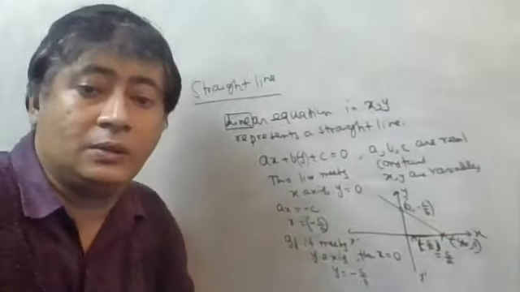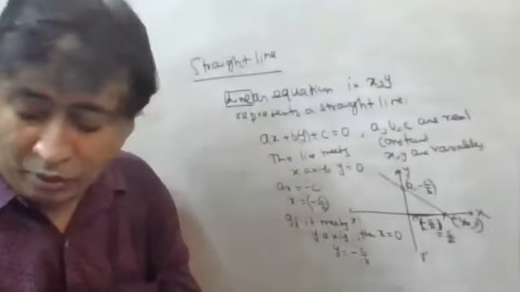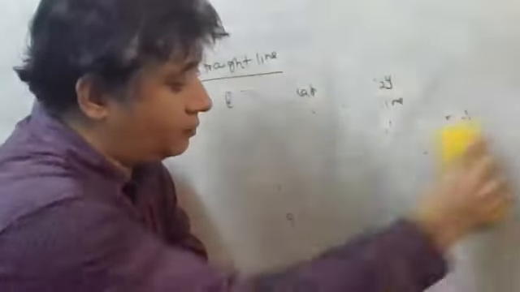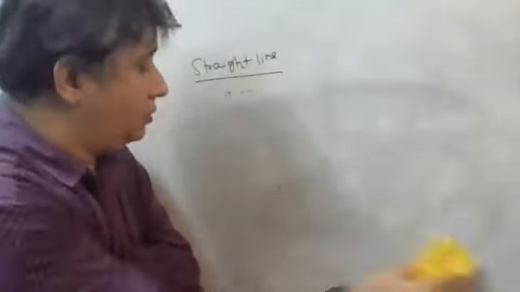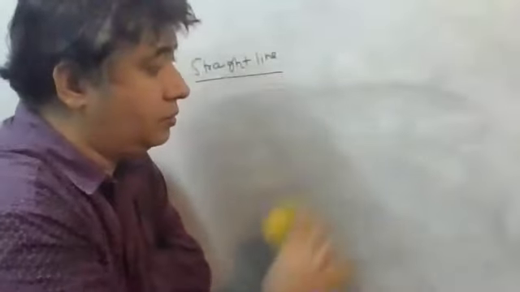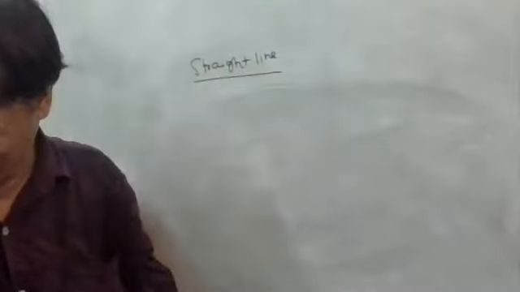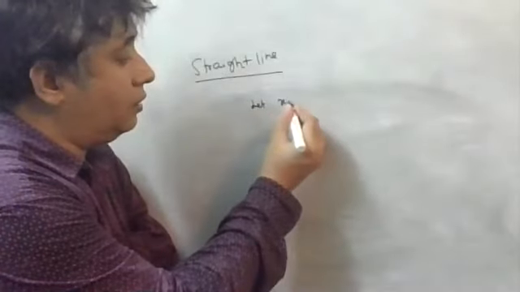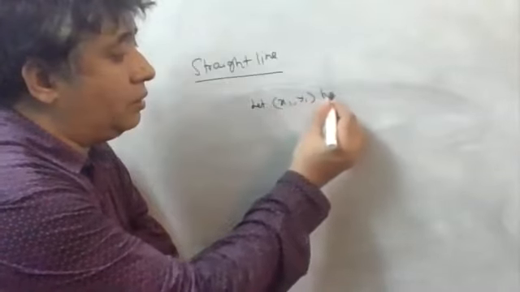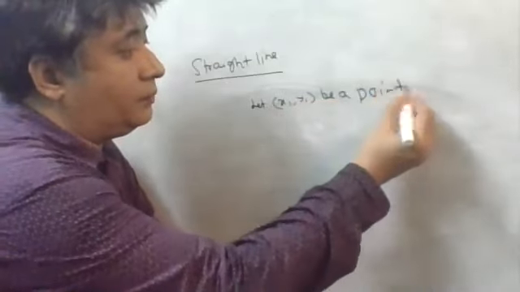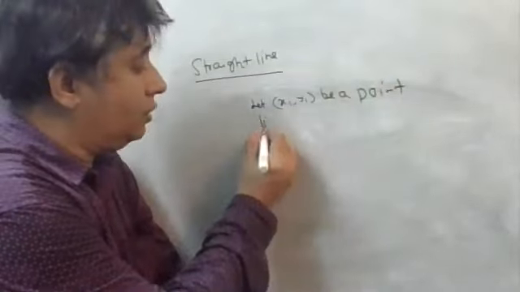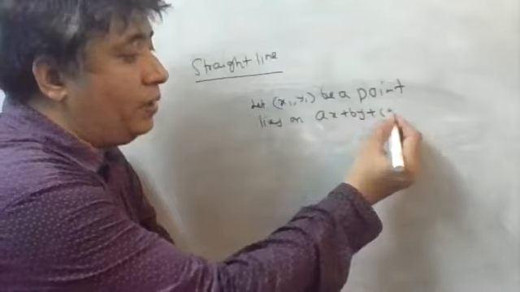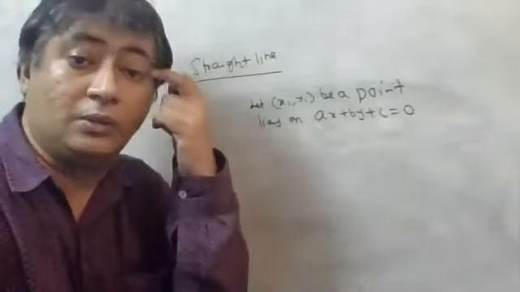Now, I am considering one point. Let x1, y1 be a point that lies on ax plus by plus c is equal to 0.